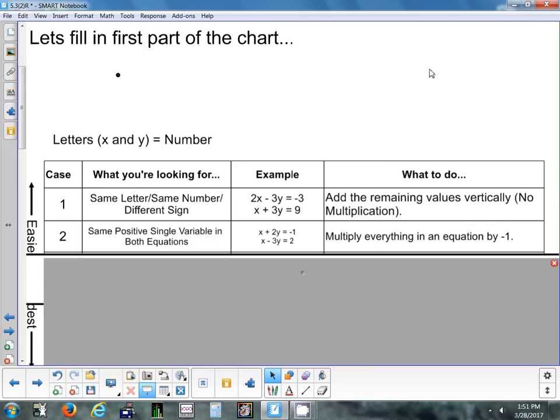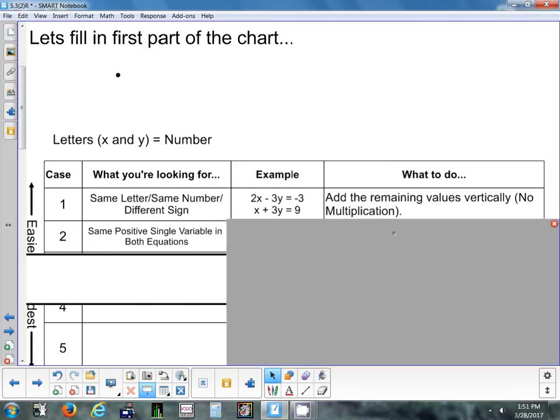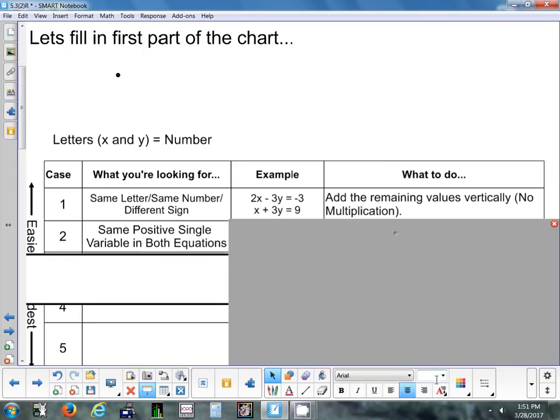All right, so on this, case number 2 you have written in. Now we have to write this in. This is what we'll be looking for in case 2. We're going to do case 2 and case 3 today. We'll have the same positive single variable in both equations.